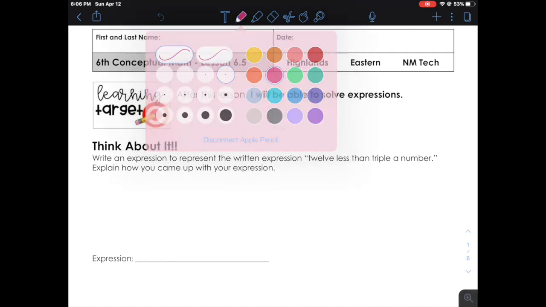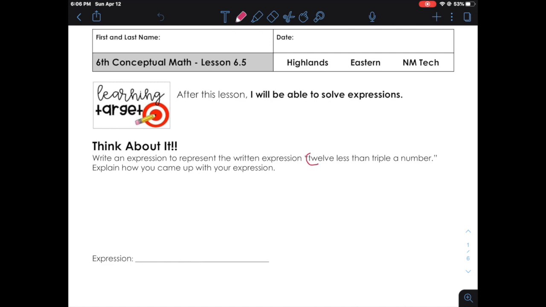All right, guys, so marking up this text, I see the number 12. So I'm going to circle that, and it looks like it's all by itself. So that's going to be our constant. Less than tells us we need to subtract. Then it says triple a number.